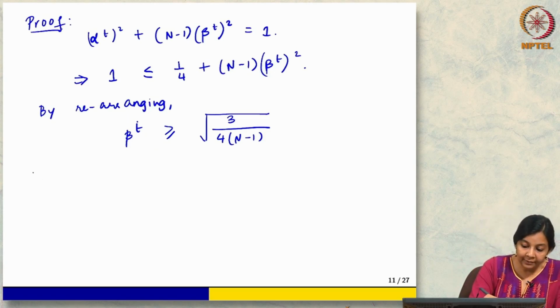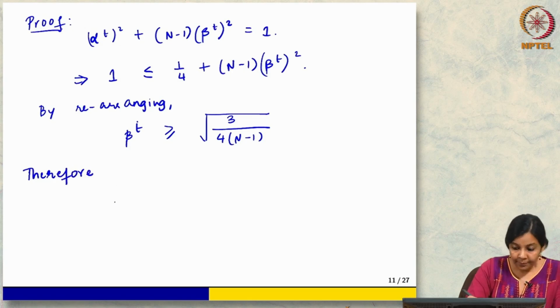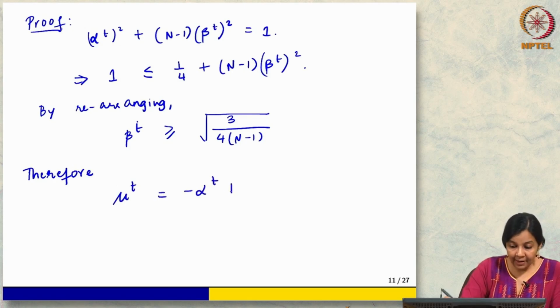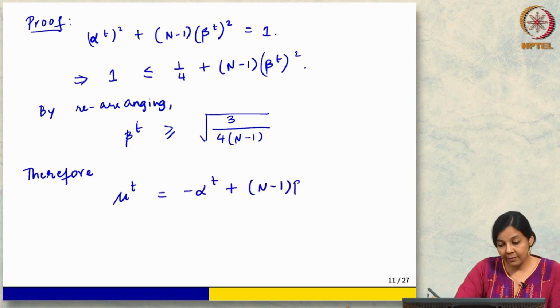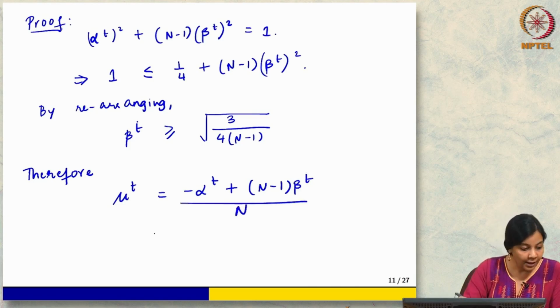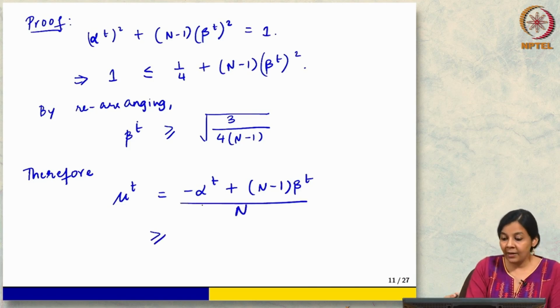So now let us look at what happens to mu t. Therefore mu t, which we said is minus alpha t plus n minus 1 beta t the whole over n. By using the bounds that we got, alpha t we anyway said is less than equal to half, so minus alpha t will be greater than equal to minus half.